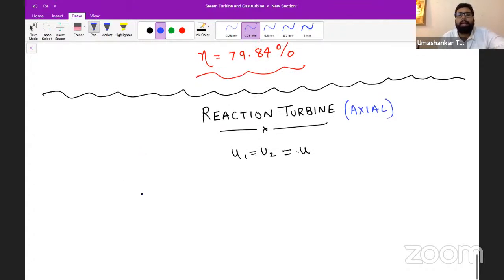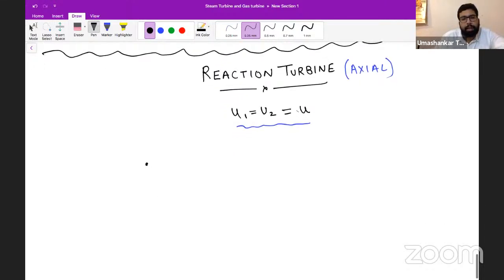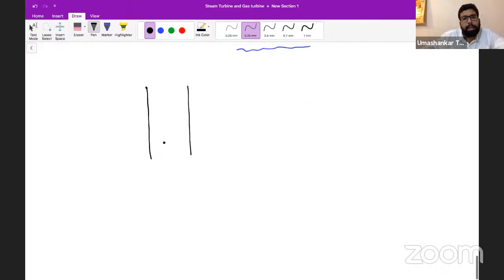So the reaction turbine, as I said, is an axial reaction turbine. The first thing is that the velocity must be the same. What we saw in the introduction part of the reaction turbine is that we have some fixed blades and we have moving blades.